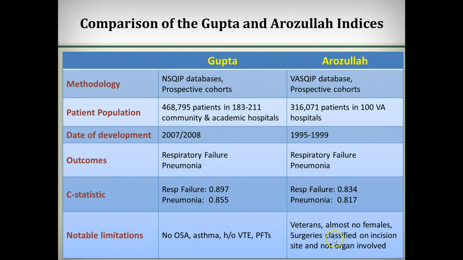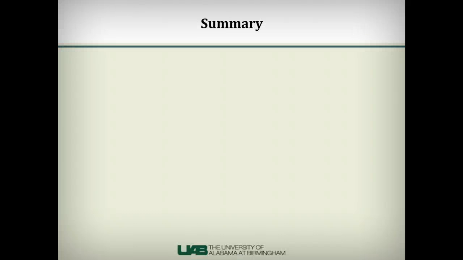Also, in the Arozullah criteria, the surgeries were classified by incision site, not the organ involved. What that means is a very complex liver resection would be looked at very much the same as a simple, uncomplicated cholecystectomy. I think that's a problem, whereas the Gupta indices look at the organ that's involved in the surgery, not necessarily the surgical site.